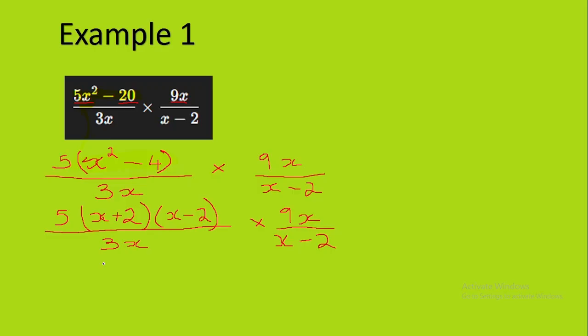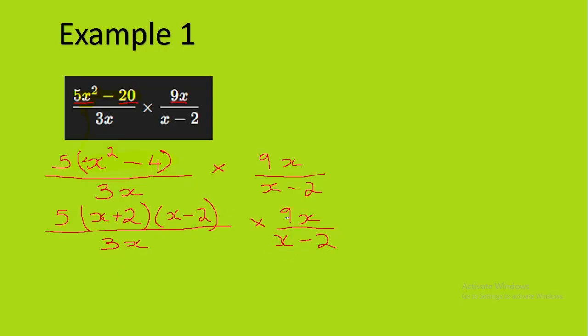Now, looking at the two fractions right here, when we cancel or simplify, we look at the terms or factors at the top and the terms and factors at the bottom of the fractions to determine whether or not we can cancel.